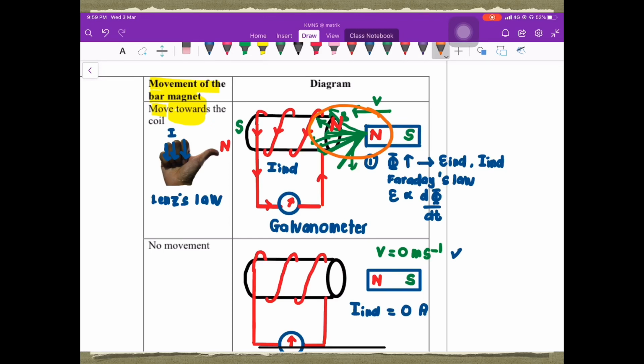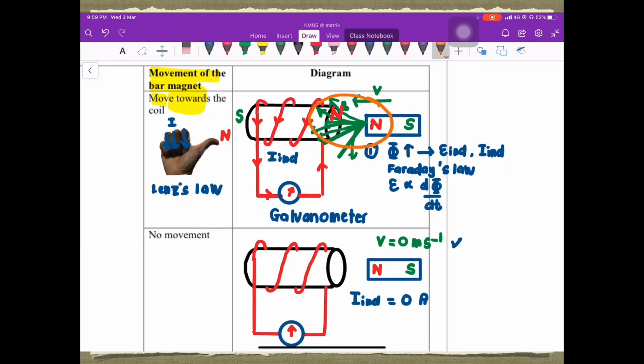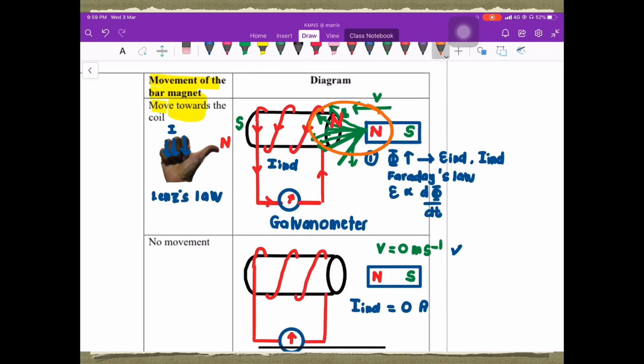The conclusion is, for the case of moving towards, this side must be the same pole. Let's say north must be north. Let's say here is south, so here must be south.